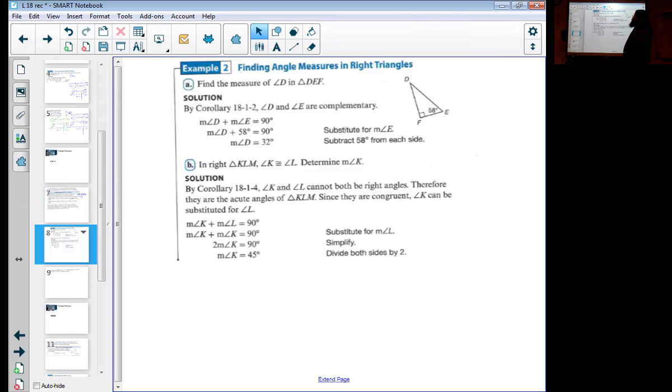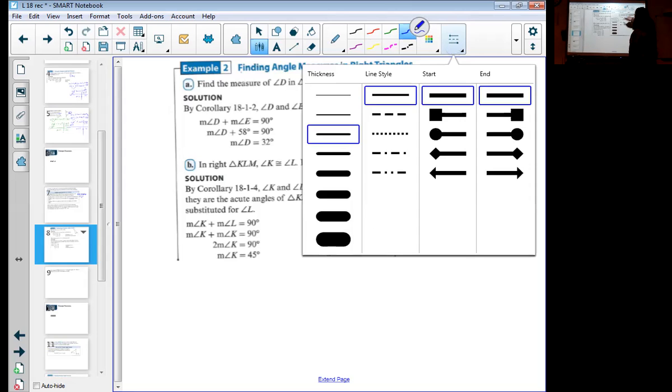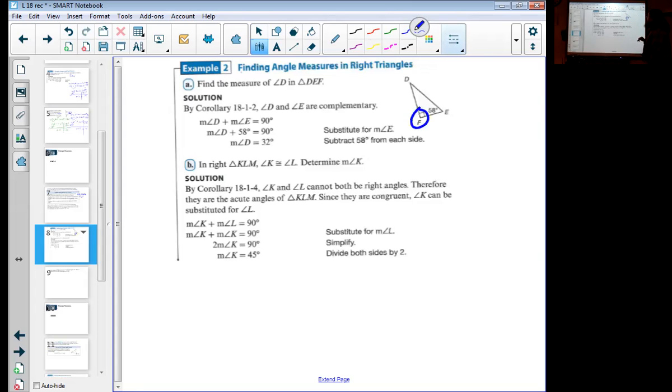To find the measure of angle D in triangle DEF, F is a right angle. So we know that it's complementary because it said it is a right triangle. We know that the measure of angle E plus the measure of angle D is equal to 90.